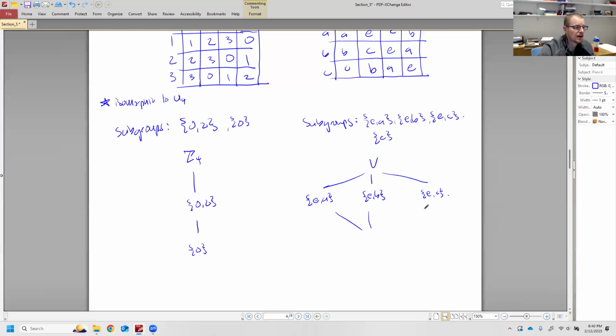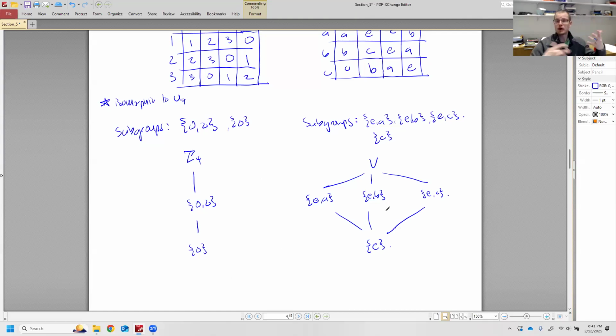Now, of each of those, the trivial subgroup is a subgroup, right? So this is a subgroup of that, it is a subgroup of that, it is a subgroup of that. And each of these is a subgroup of the Klein four-group. So we see this sort of subgroup diagram or this subgroup structure.